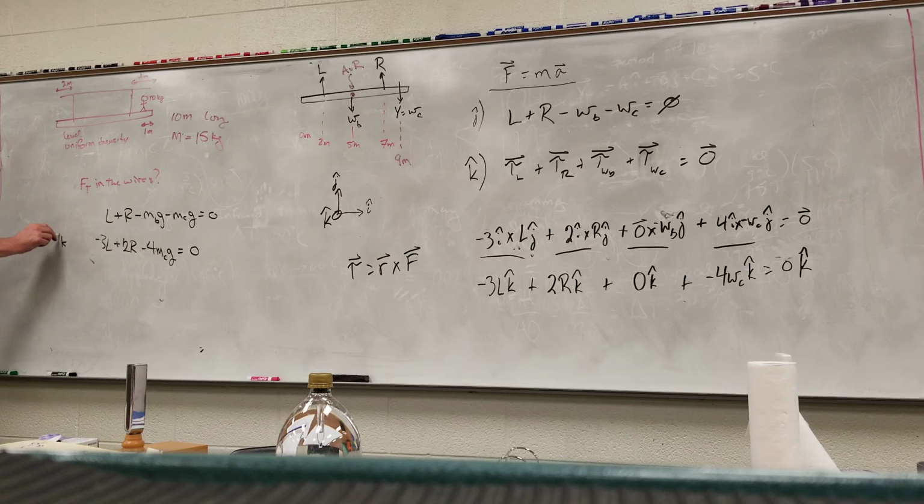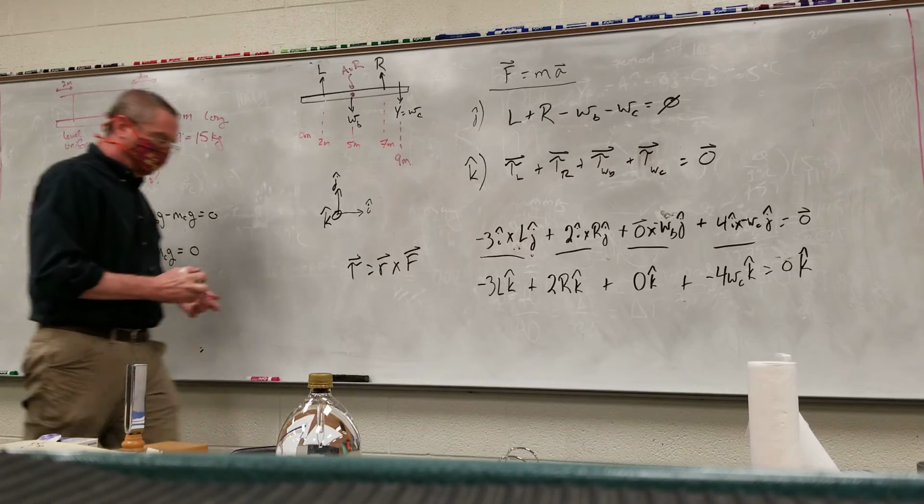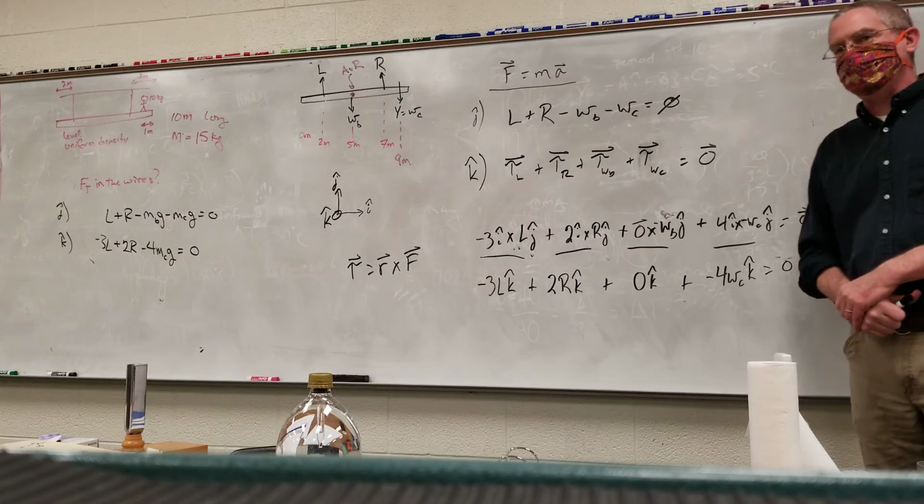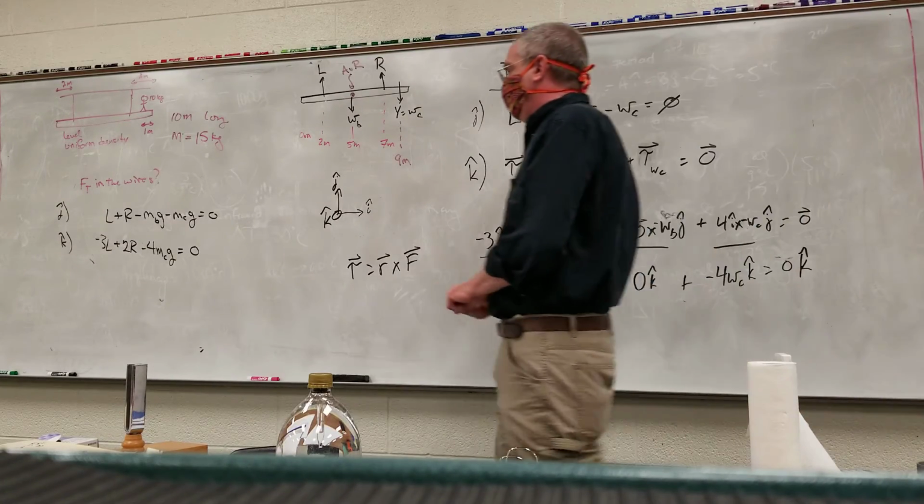This is my K hat equation, and this is my J hat equation. I have 2 equations, 2 unknowns, definitely solvable.